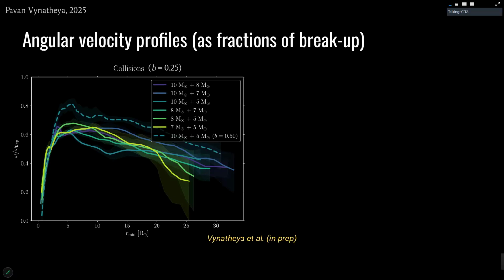I have these different collisions, 10 plus 8 to 7 plus 5 solar mass collisions on the solid lines, and the dashed line represents a collision of a 10 and a 5 solar mass star with a larger impact parameter as compared to the other simulations. You can see that because of the larger angular momentum of that particular initial configuration, its peak angular velocity is also higher. It's closer to breakup velocity.